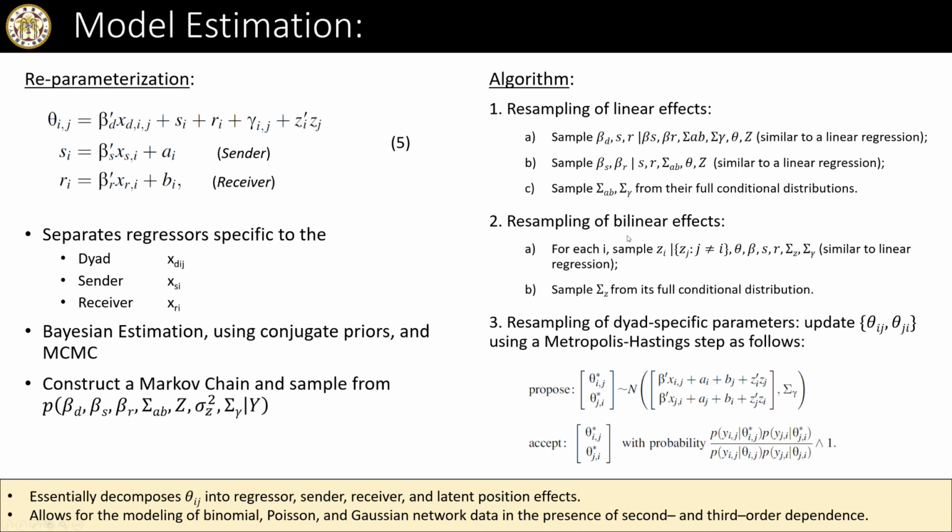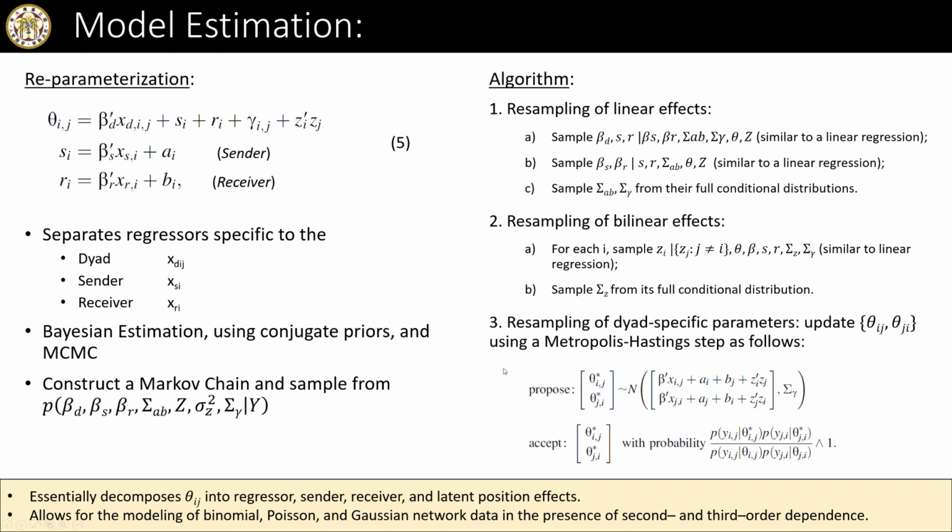Second, they resample the bilinear effects, so for each i they sample z sub i, its latent vector, given z sub j, where j is not i, as well as the rest of the parameters. Finally, they sample sigma z from its full conditional distribution. They're using normal priors here.